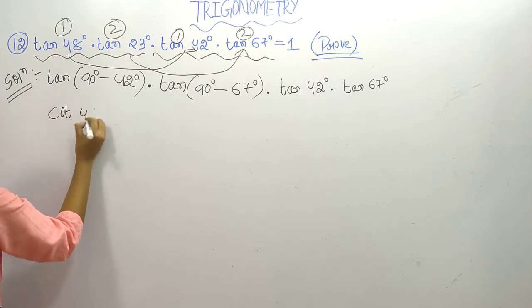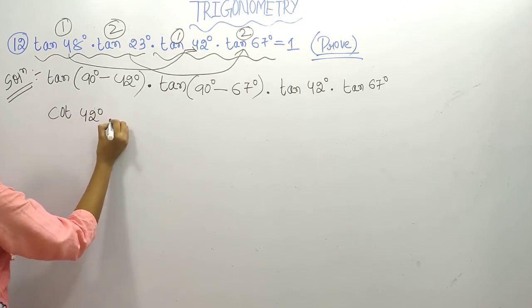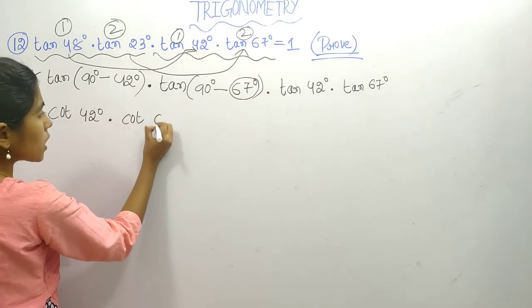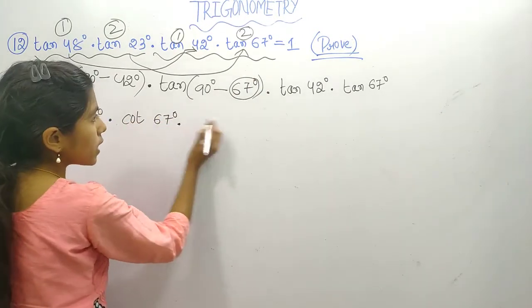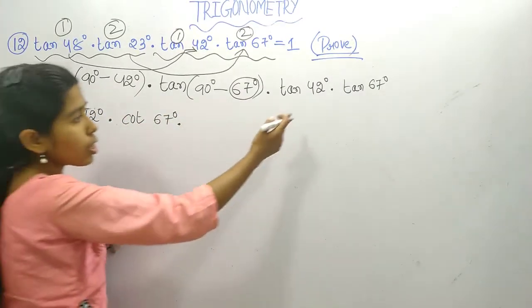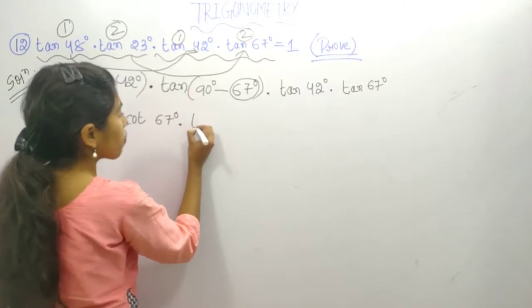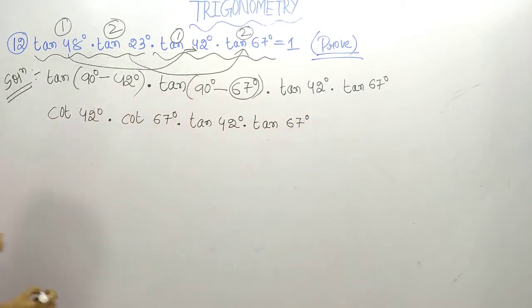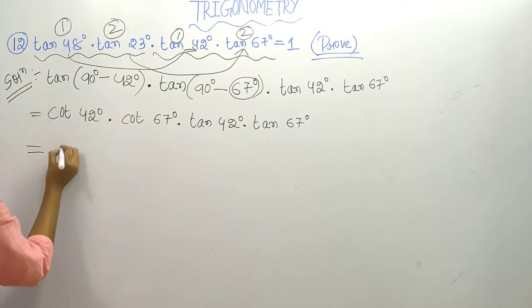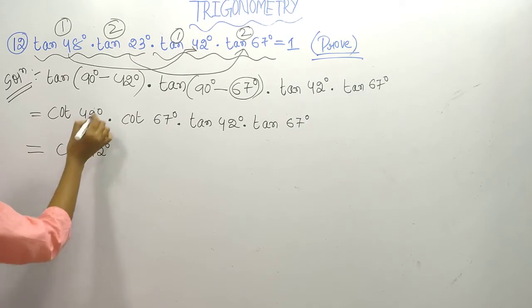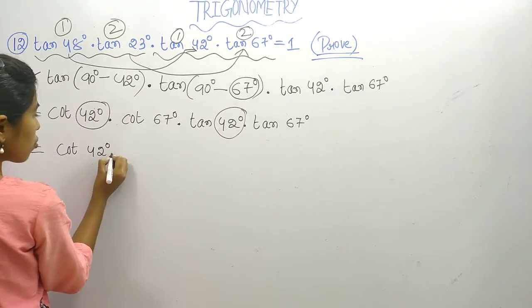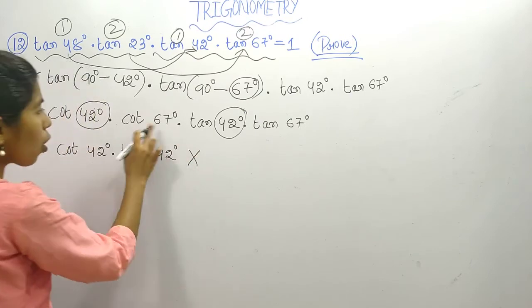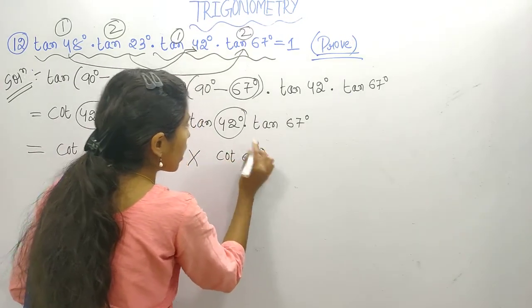Theta is 42 degrees, so cot 42 degrees, into tan of 90 minus 67, where theta is 67 degrees, so cot 67 degrees. Into, here 42 and 67 already came, so we write tan 42 degrees into tan 67 degrees. Now this equals cot 42 degrees, into tan 42 degrees, again into cot 67 degrees, into tan 67 degrees.